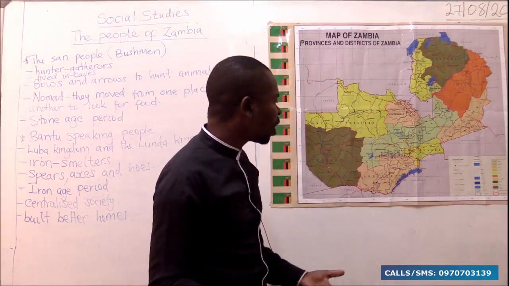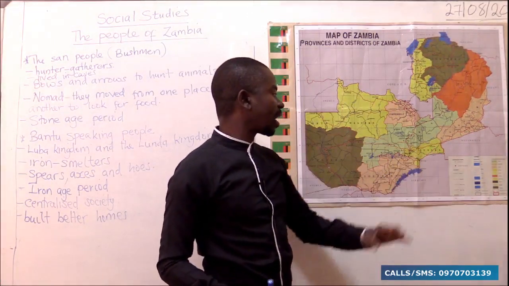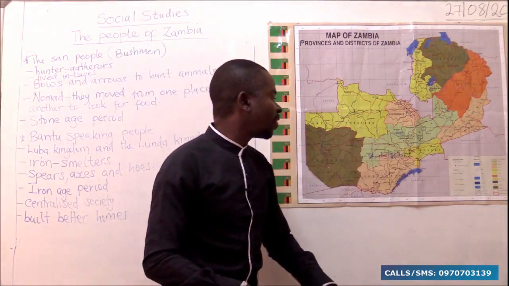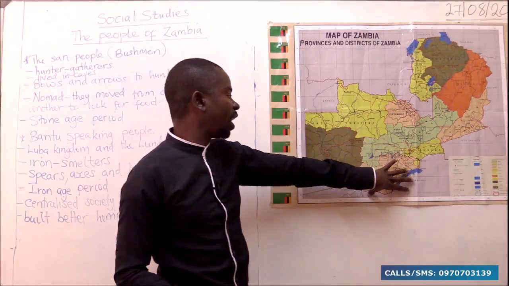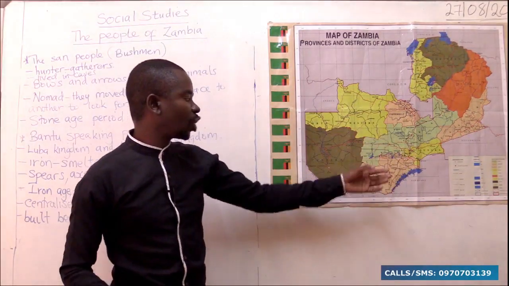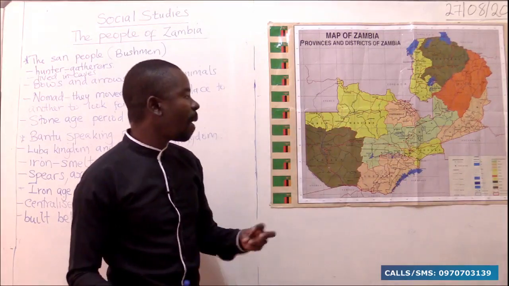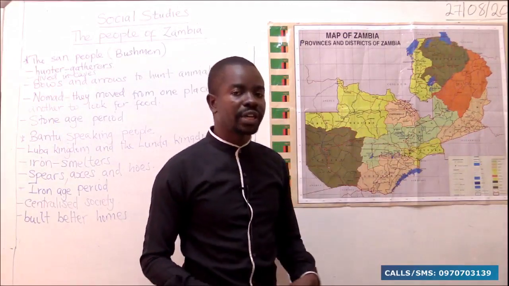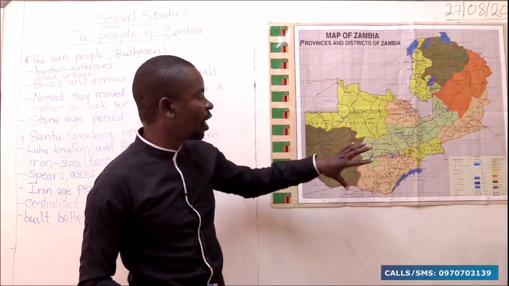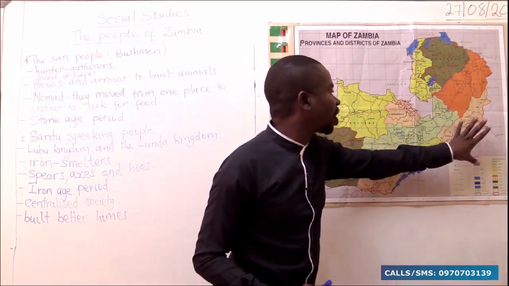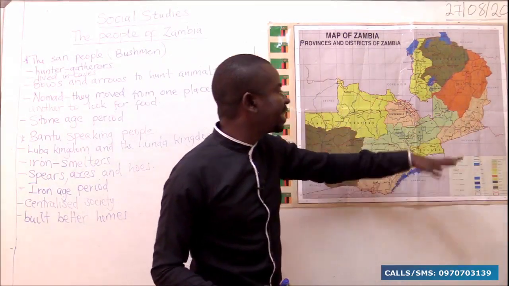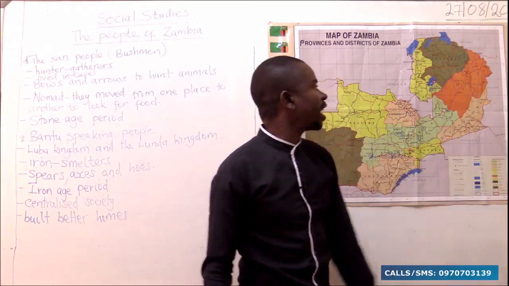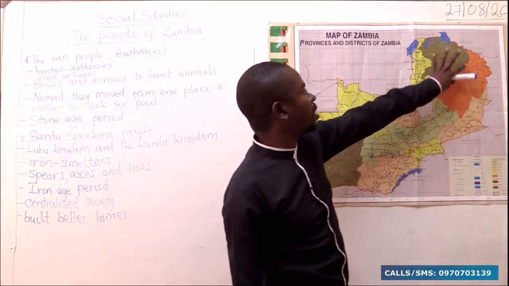We also had the Soli people who settled in Lusaka. Then we had the Tonga people who settled in Southern province, the Lenje people who settled in Central province, and the Chewa and Ngoni people who settled in Eastern province.